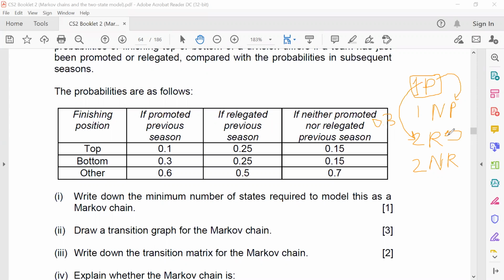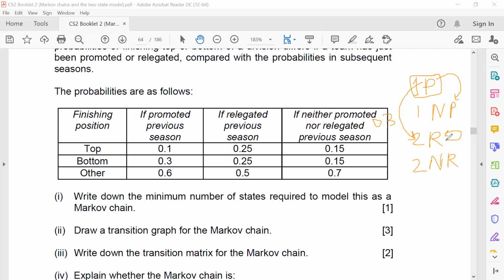So let's say I was relegated in the previous season, which is when I find myself in 2R, and now I want to see the probability that I will again find myself in 2R. That cannot quite happen, right? Because the very fact that you are in 2R represents that you were relegated in the previous season.